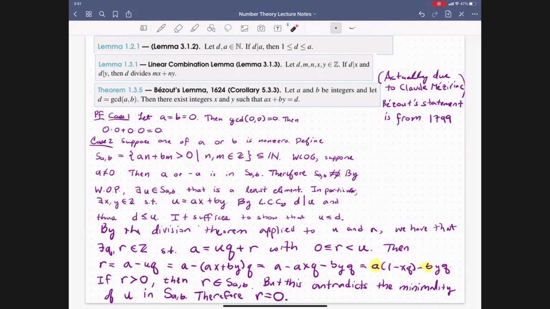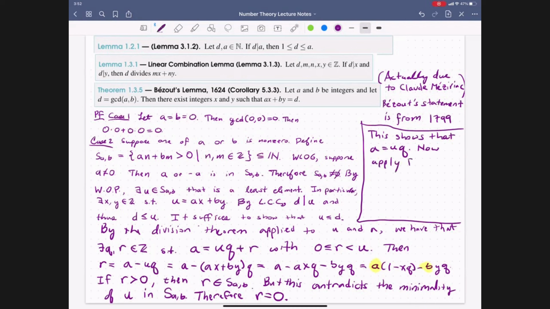A is equal to U times Q. So in other words, we have now shown, I'm going to put this in a box over here, that A is equal to U times Q. And now what I want you all to do is apply the division theorem to B and U.